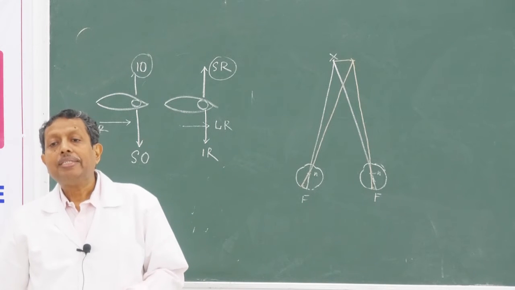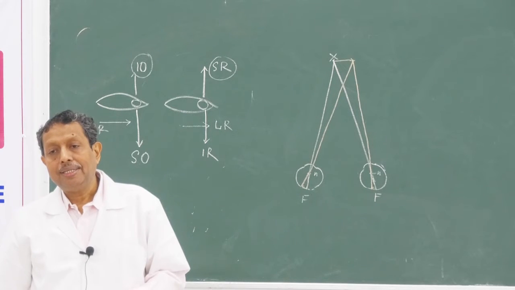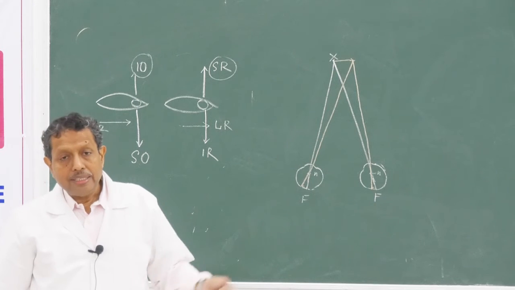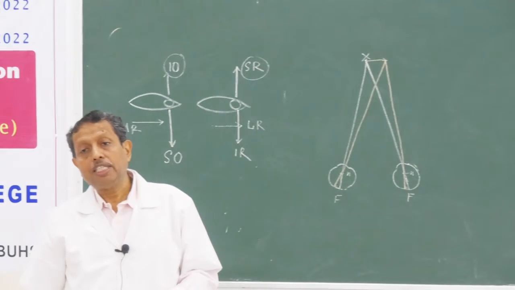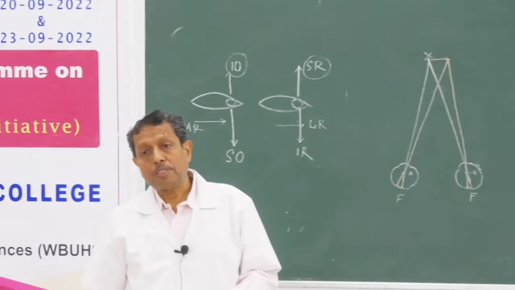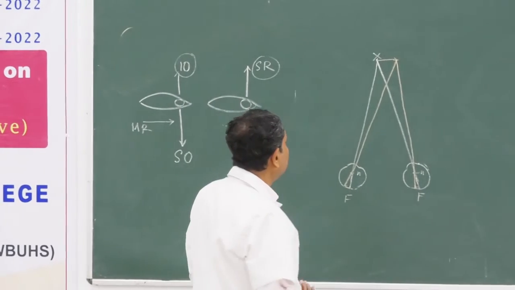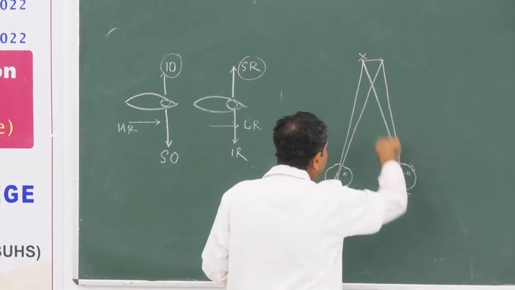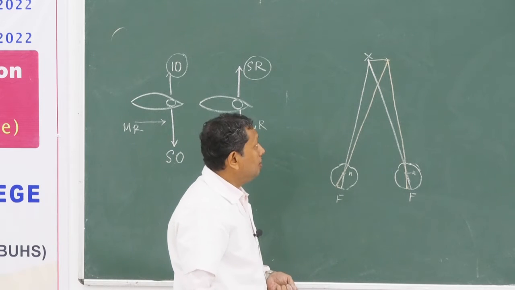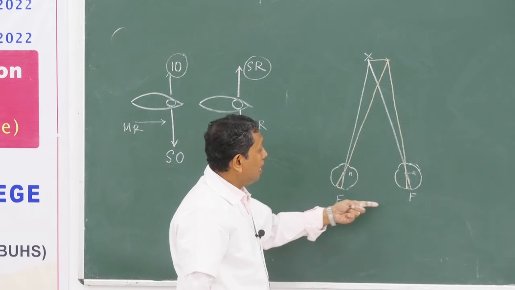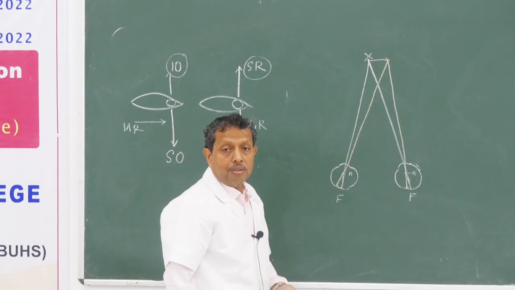But if, due to paralysis of some muscle, the image is not falling in this way, as we explained, then squint or strabismus is present. Suppose it is not falling on the corresponding points, then diplopia is present.